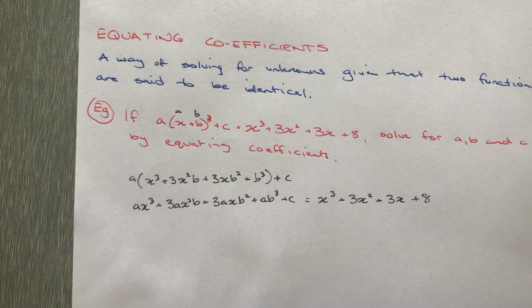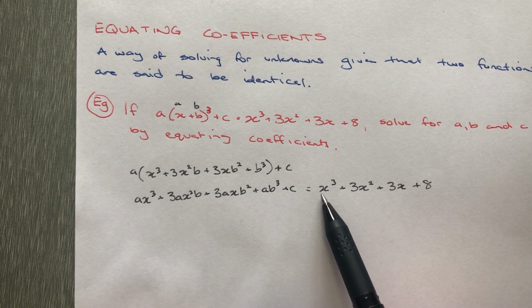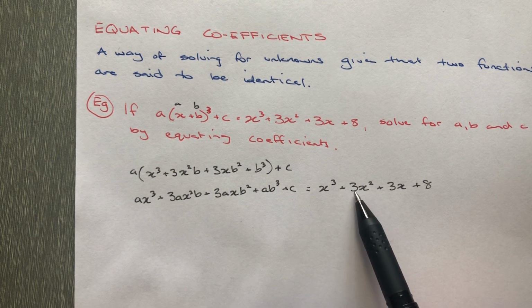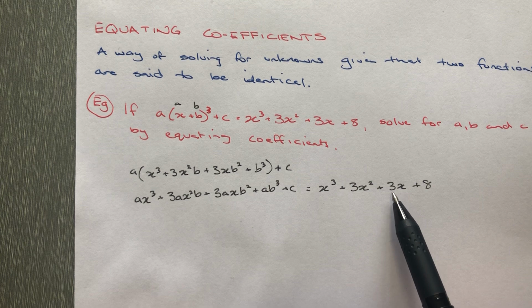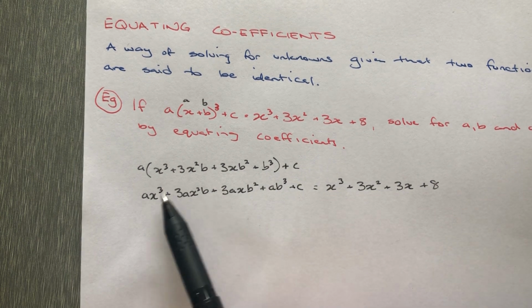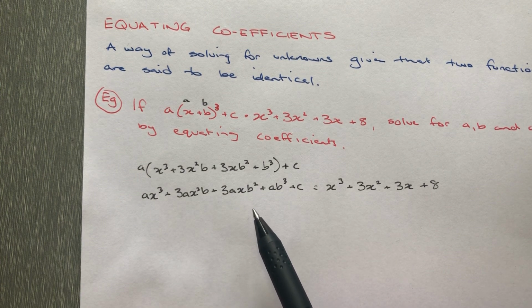Okay, so we can see that the coefficients over here, the coefficient of x cubed is 1, the coefficient of x squared is 3, the coefficient of x is 3, and then our constant is 8. Over here we've got all these A's, B's and C's, don't we? But I just want to show something.